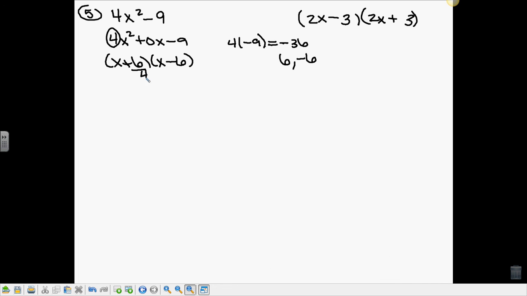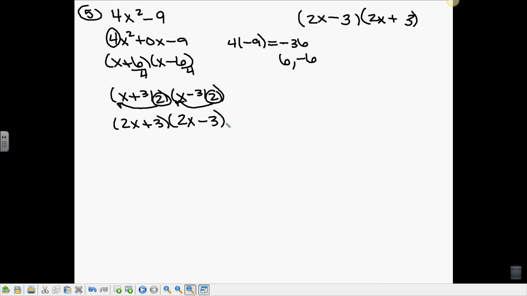Divide by that 4 in front. If it reduces, reduce it. So that reduces to 3 halves, and that reduces to 3 halves. So now, bottoms up, 2x plus 3. Bottoms up, 2x minus 3. That's it. If you have any questions, let me know.